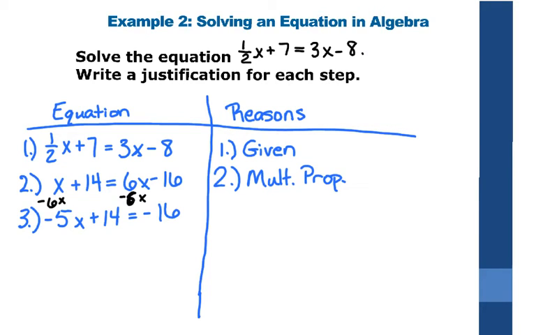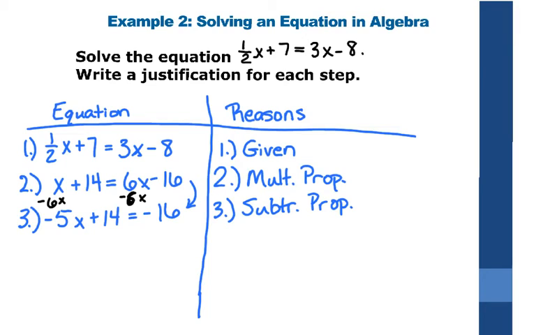Everybody see that? So, to go from step 2 to step 3, this is what we need to state. We subtracted 6x from both sides, so we use the subtraction property of equality. Subtract property.